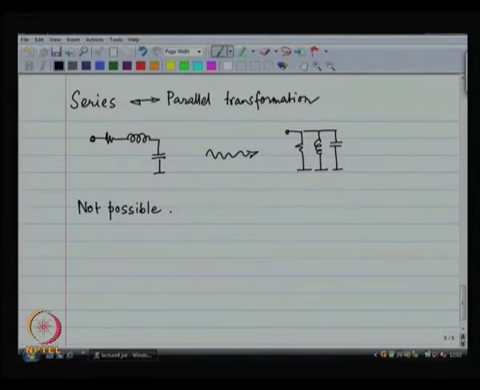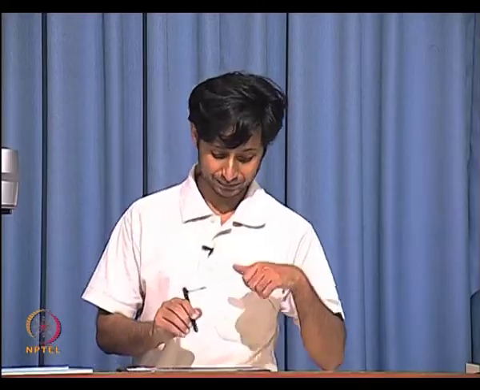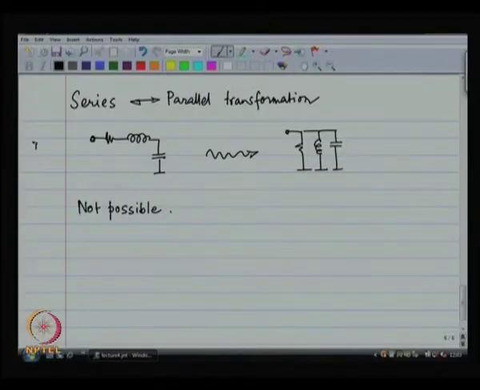Well, let us just look at 0 frequency. At 0 frequency, the series network looks like an infinite input impedance. Let us look at the input impedance. At DC, it is infinitely large because the capacitor is open circuit.